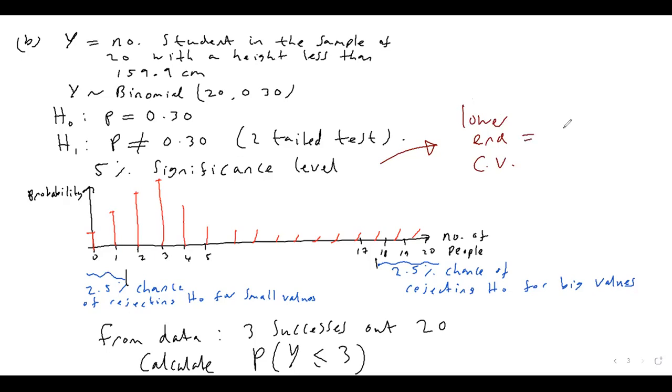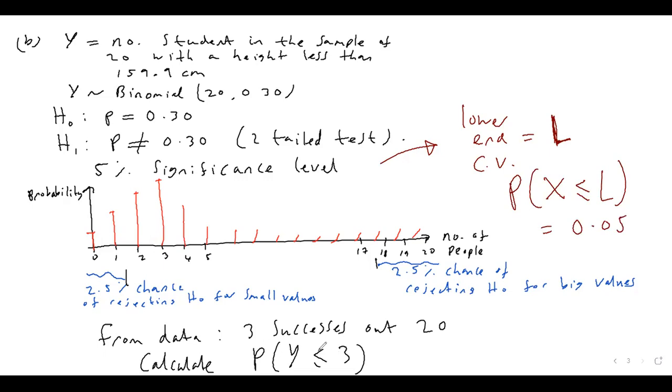So it could be 0, could be 1, could be 2. It's the biggest number on our number line such that we reject H0 in the lower side of our distribution. So the probability of rejecting H0 in the lower side of our distribution with these small numbers has got to be 5%, so 0.05.